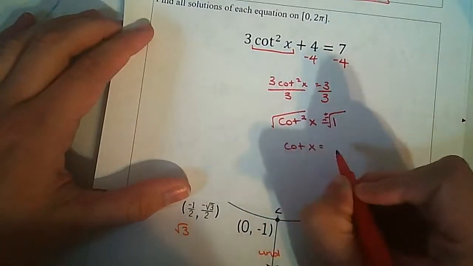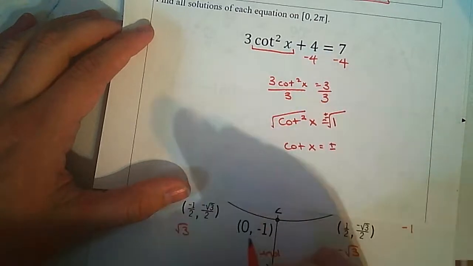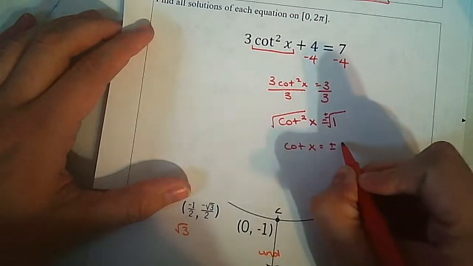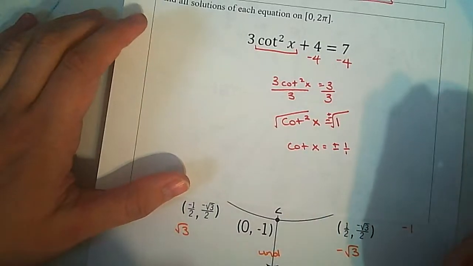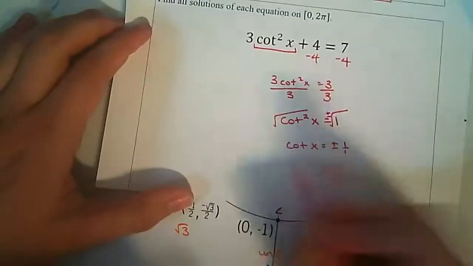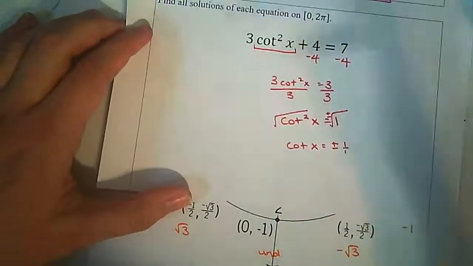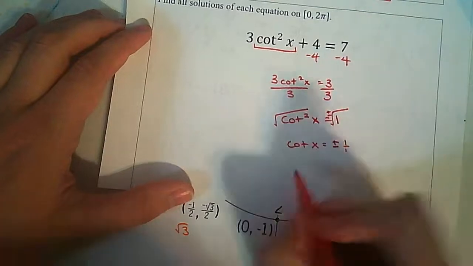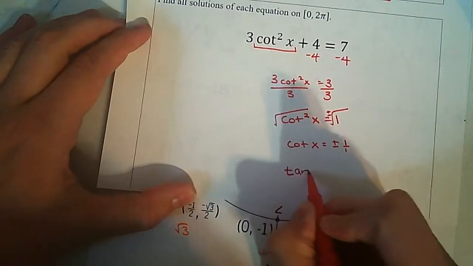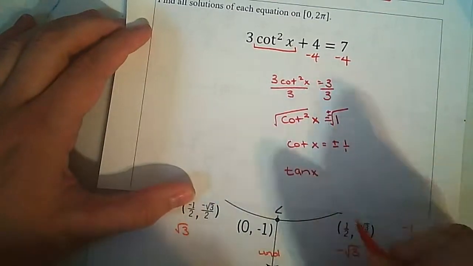So we're looking for all of the places where cotangent is positive or negative 1. And I'm going to write it as 1 over 1 for right now. So again, I could go through and try and calculate all those cotangents, or I can look for that reciprocal function as well. So I know tangent is the reciprocal of cotangent.